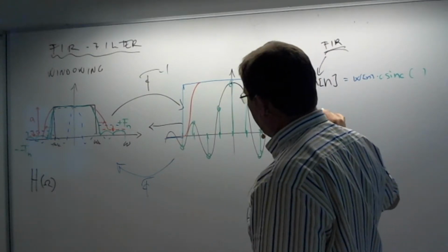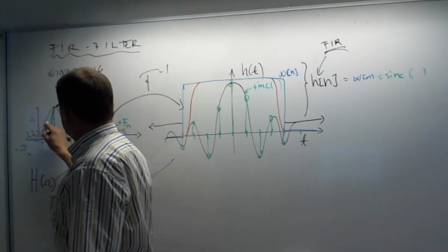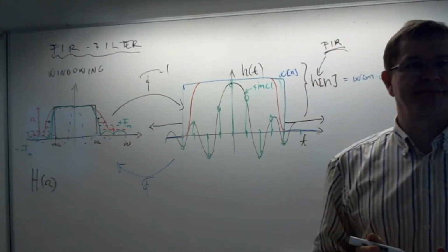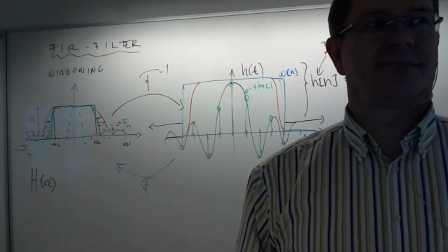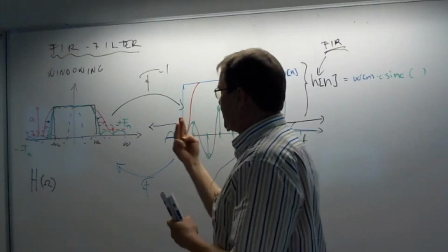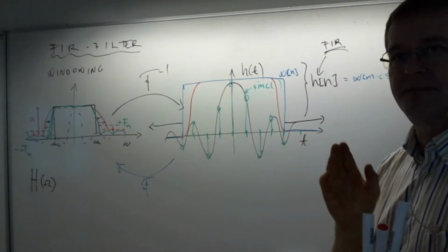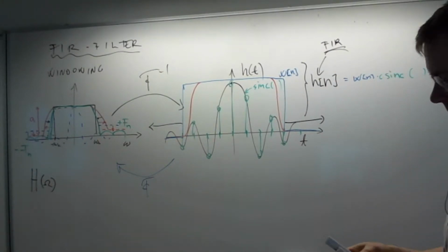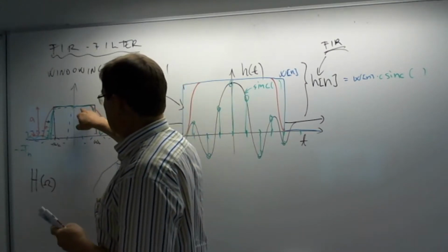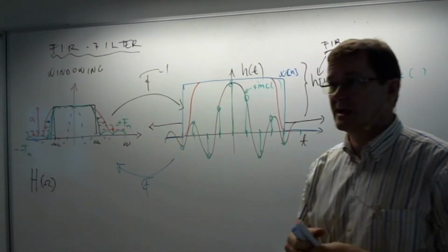Basically, that would reduce this transition bandwidth. All right. So we have 3 parameters here that we can fix in order to get the filter properties as required.